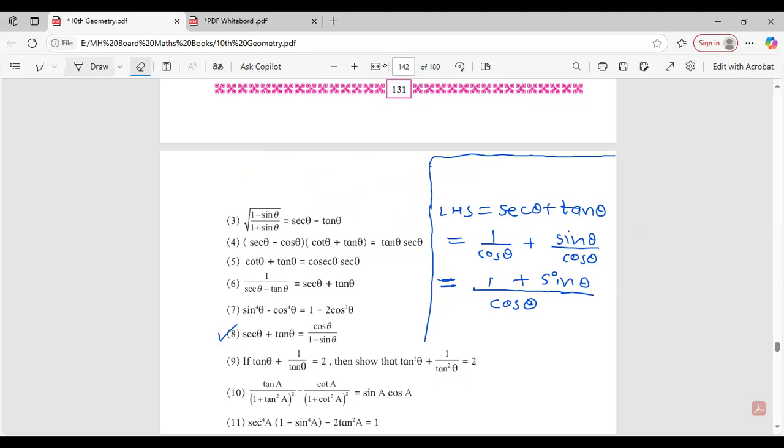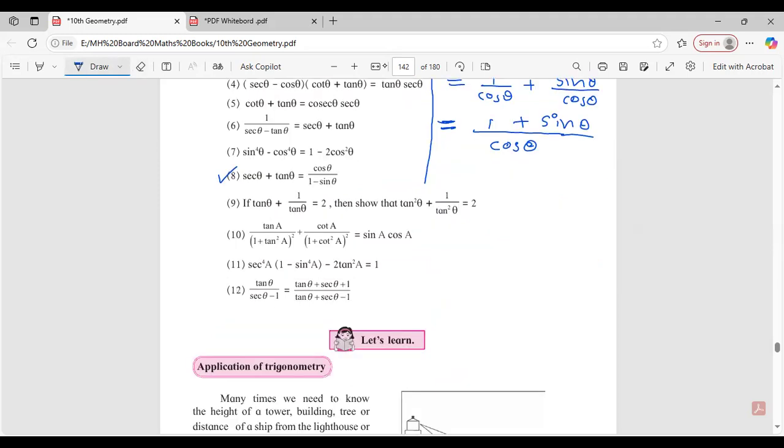Okay, now next. What will be the next step of yours? So we got 1 plus sin theta upon cos theta. What do you want exactly? We want cos theta upon 1 minus sin theta.